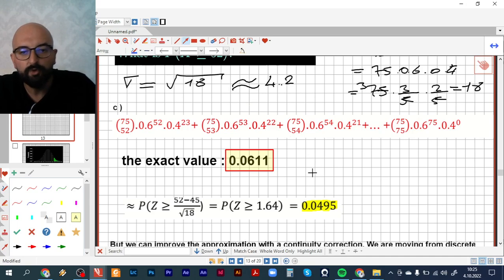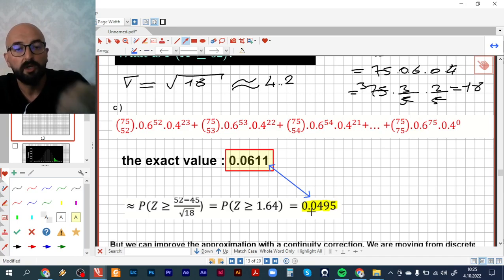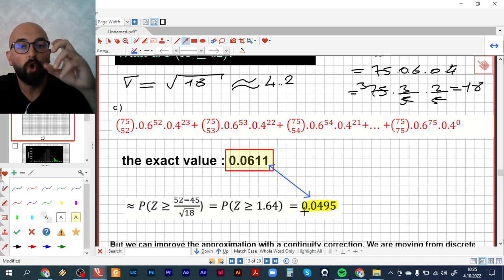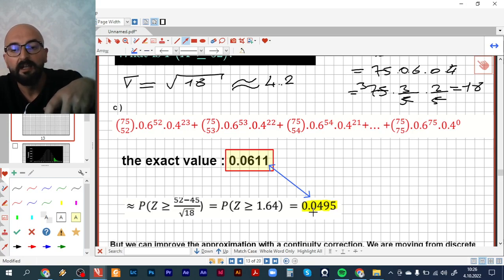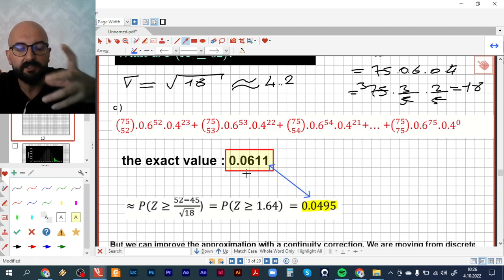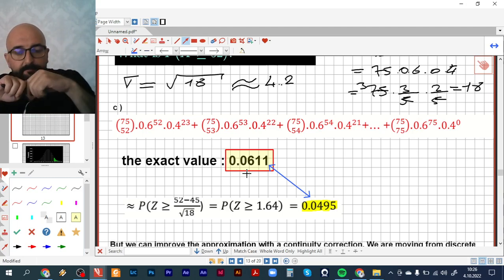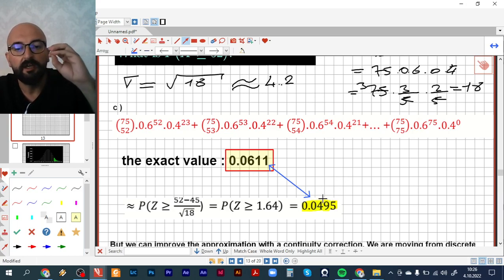If you notice, the exact value and the value without continuity correction, using only the normal distribution formula, are very different and very far from each other. So we have to make the continuity correction.